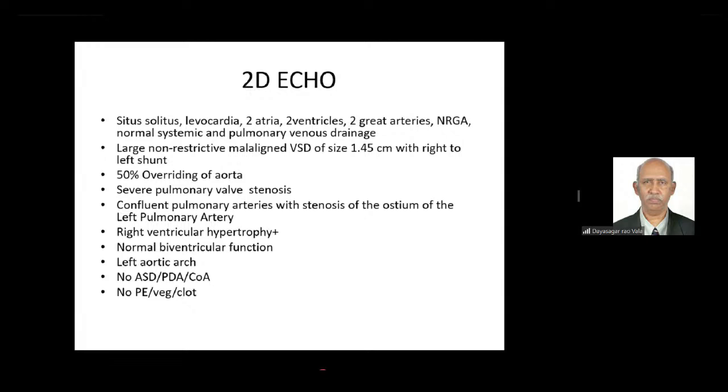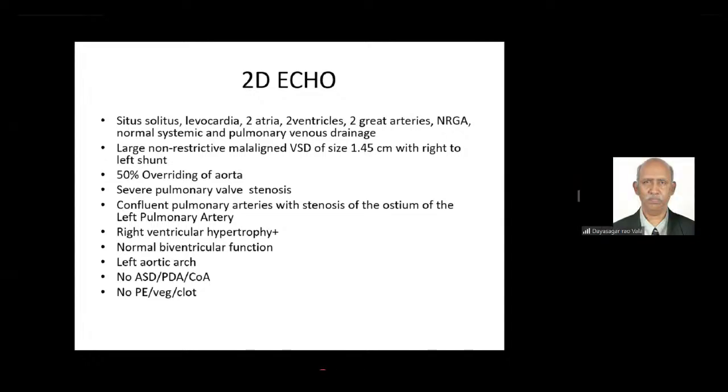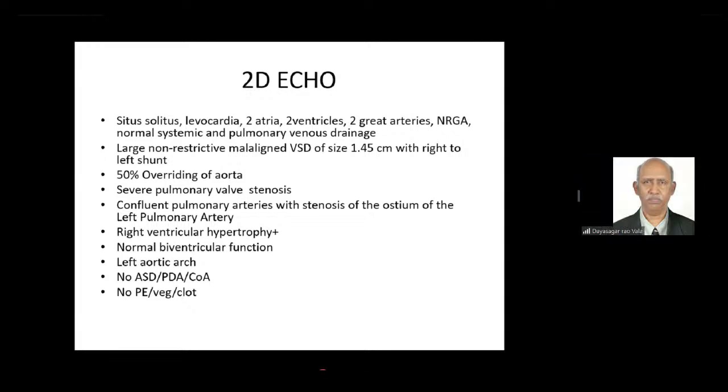Shailesh? Sir. What is your anatomical criteria to say hypoplasia of the pulmonary annulus and arteries? You are aware of it or not aware of it? No, sir. Criteria, I don't know, sir.